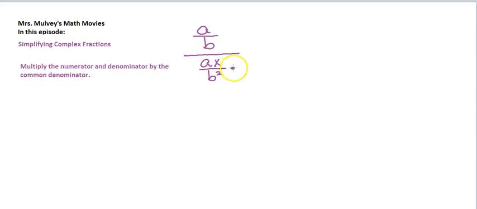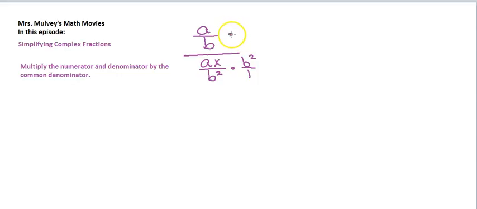So if I multiply this by a b squared, and I can even write it as b squared over 1 if I want, that will cancel, not really cancel, we'll factor out the b squared here and here. But I can't just go and multiply fractions by anything. I have to maintain the value of what I started with.